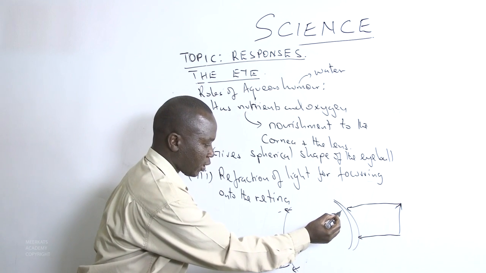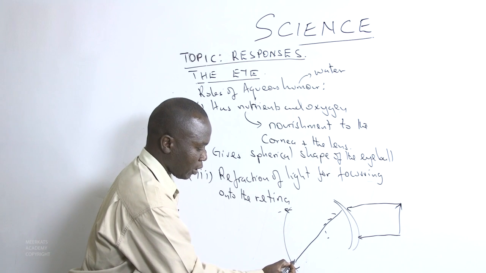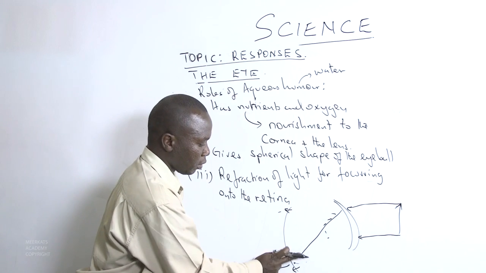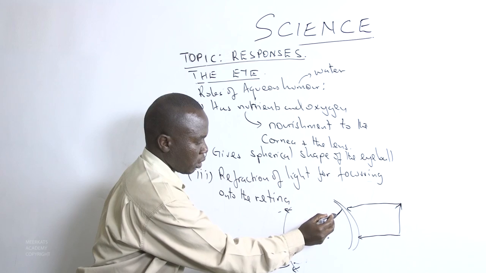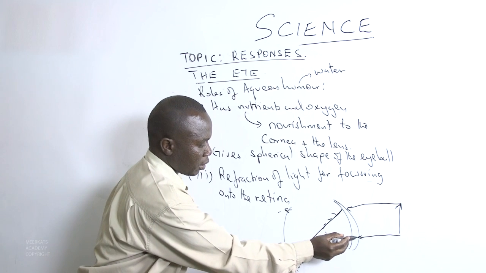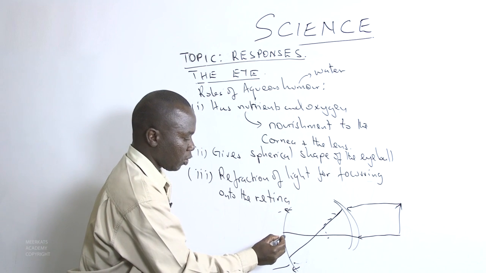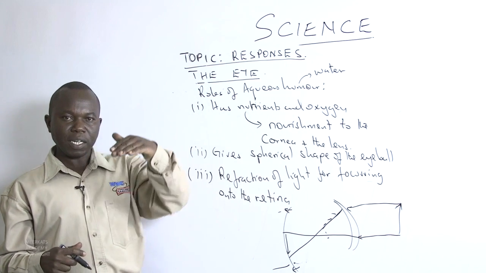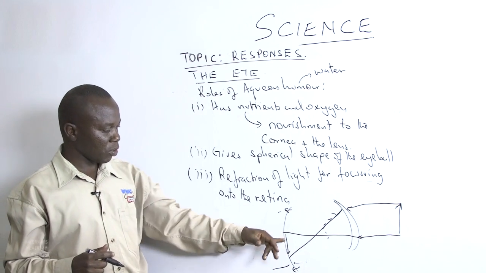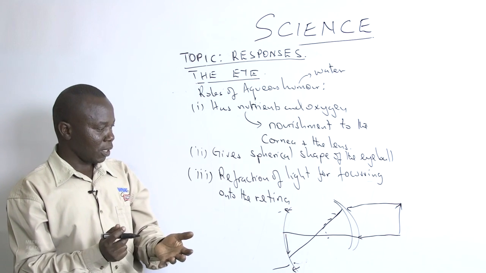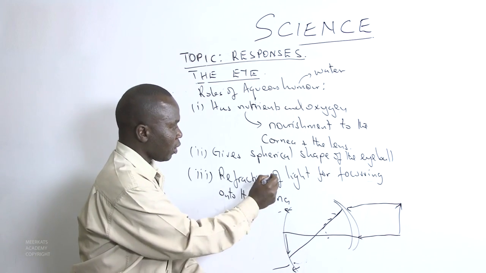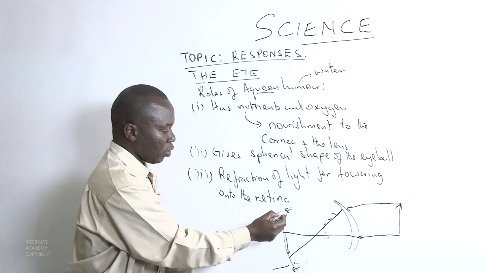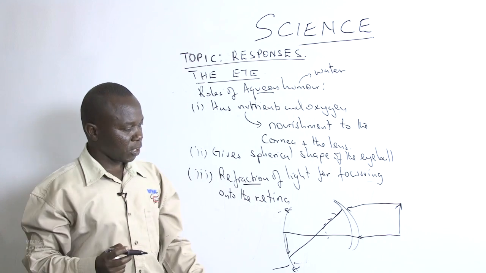So that light is refracted at that point, and then refracted again. The image formed at the fovea centralis is real but inverted, although it could be small in size. So aqueous humor is also contributing to refraction.